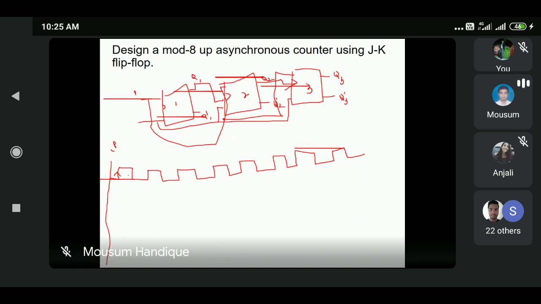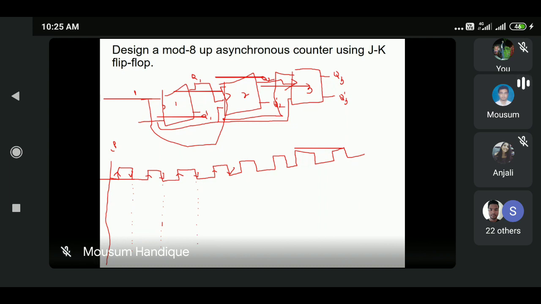So this one is this one, and this one. Something like that. The interval is starting from here because it is the negative edge trigger, and starting from here.